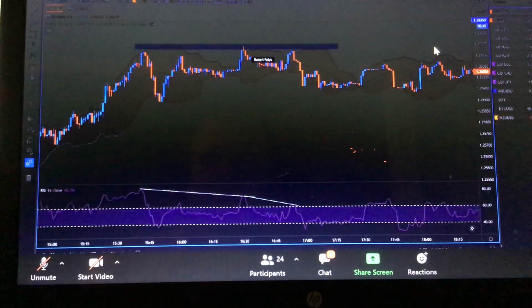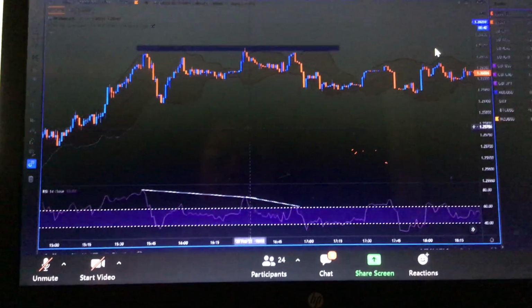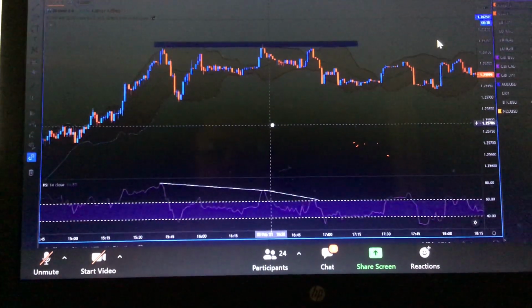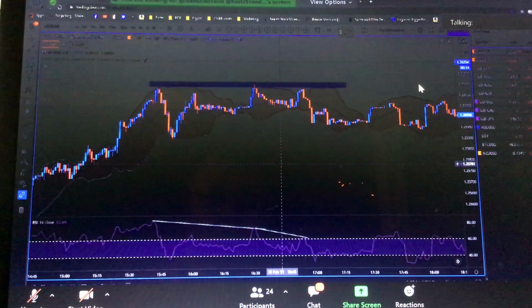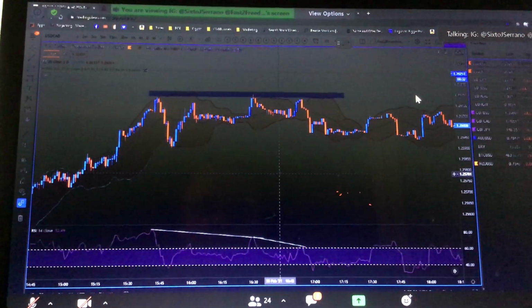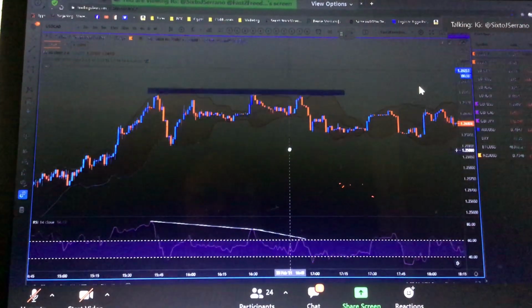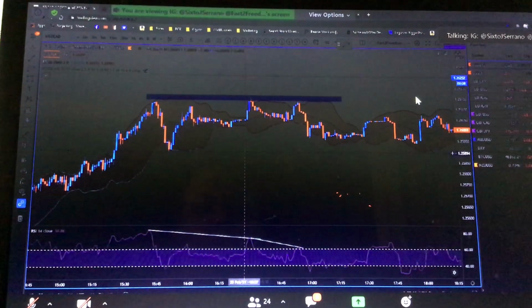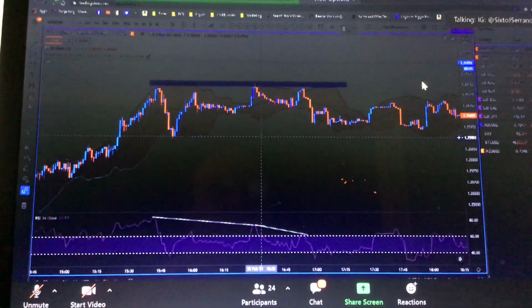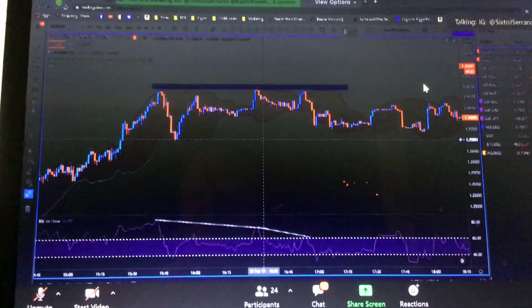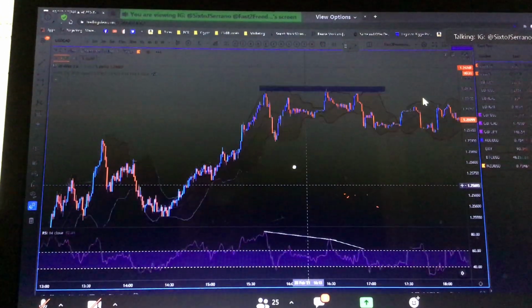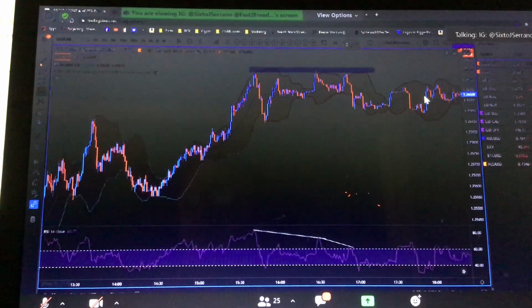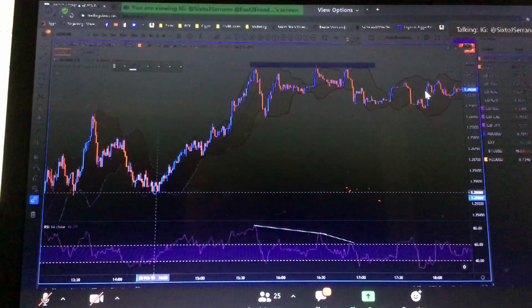Right. Yeah, and that's another thing for you guys. I had this question before: how do you know the trend is reversing? Some people get caught up in a trade thinking it's going to continue on the trend. Well, real quickly, you can just create a trend line.